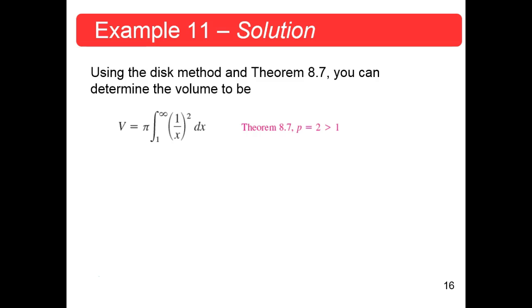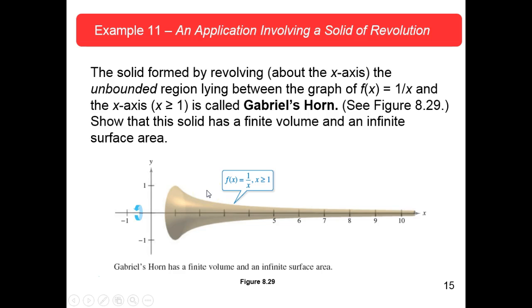Then the volume would be all those areas summed together. Pi times 1 over x squared, pi r squared. Pick a little delta x here.